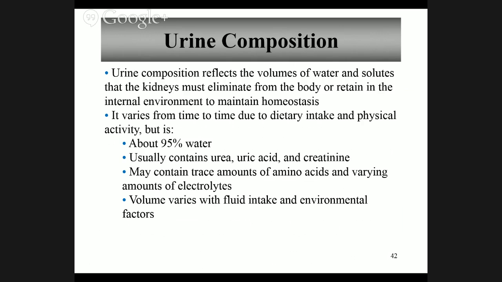It has urea, uric acid, creatinine, trace amounts of amino acids, and varying amounts of electrolytes. And again, volume varies with fluid intake and environmental factors. Diuretics increase urine secretion.